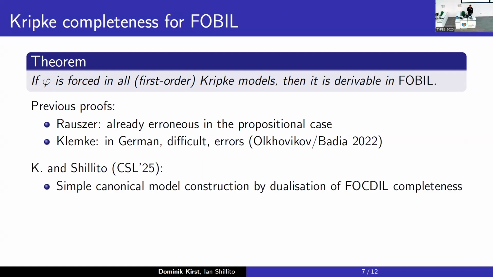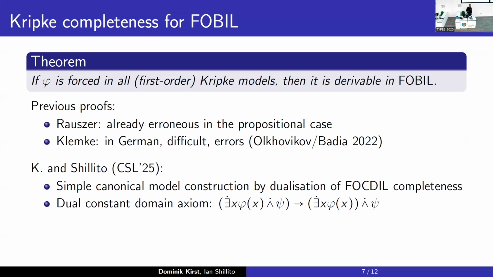And what we found out is that you can actually take your standard textbook proof for constant domain completeness and do a funny thing that you kind of dualize it. And dualizing means that you first observe that in normal intuitionistic logic, there's an axiom which basically plays the dual role to the constant domain axiom, namely pulling out the conjunction out of an existential quantifier.